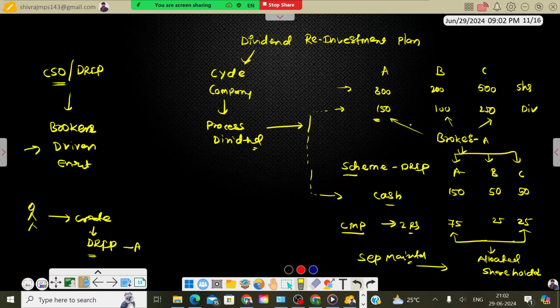So if we talk about the processing cycle, first the company processes the dividend, meaning the company directly processes the cash payment.